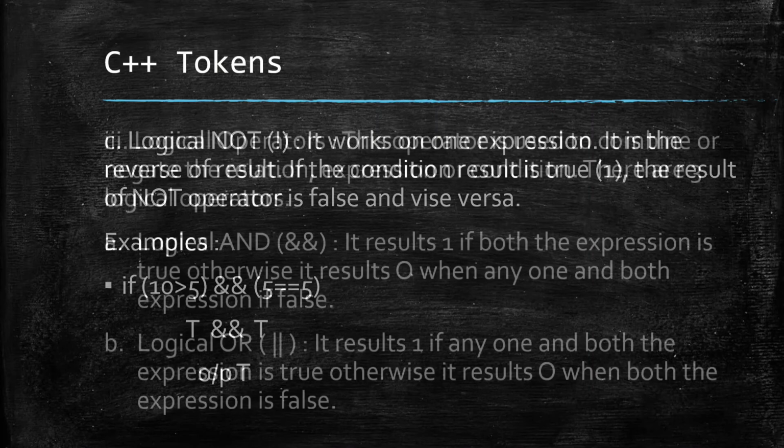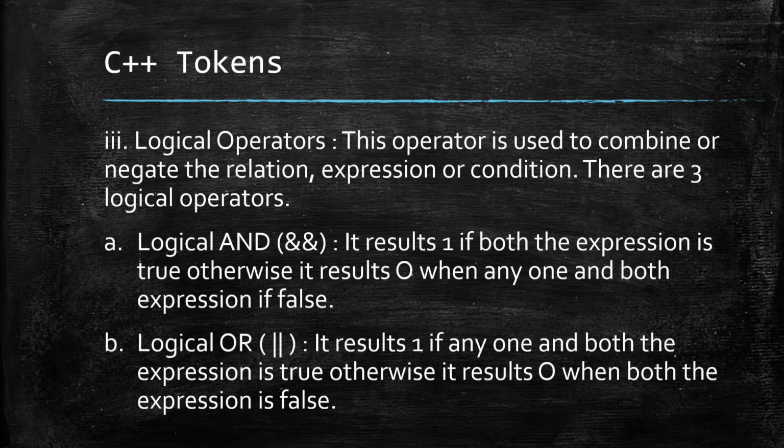Fine. So what is logical AND? It is denoted by two AND symbols. This must compulsorily be written if you are performing logical AND. It results in 1 if both the expressions are true. Otherwise it results in 0 when any one or both of the expressions are false.